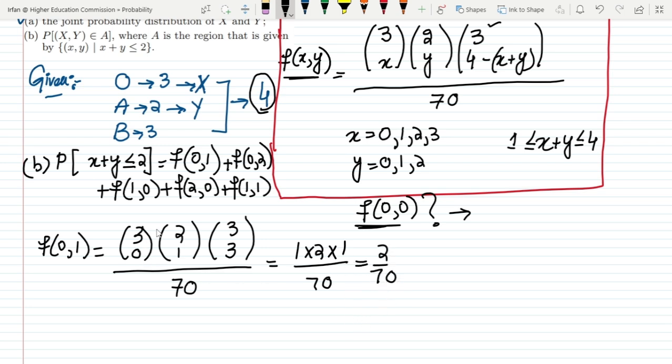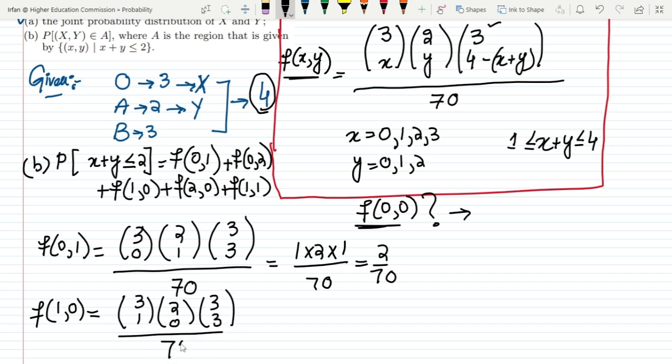Also if I do it for f of 1 0, it will be 3 1, it will be 2 0, and here it will again be 3 3 divided by 70.